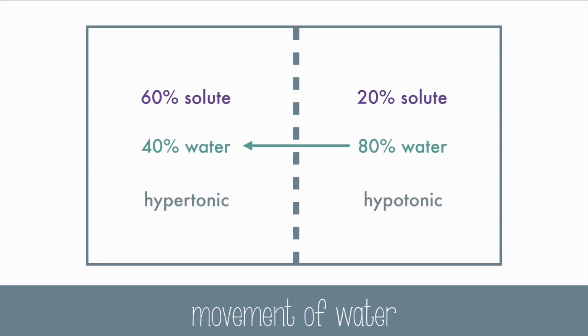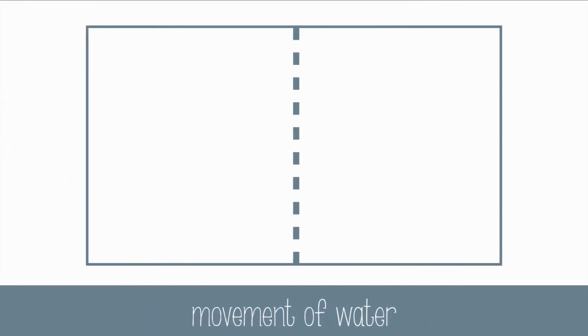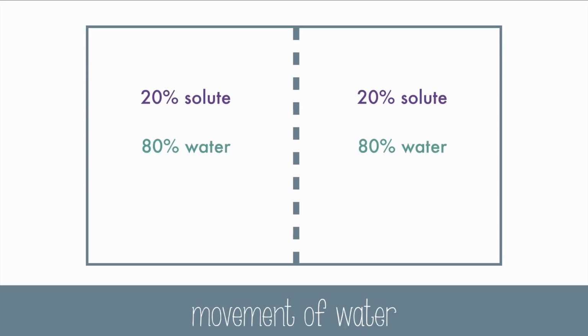Let's do one more. Now we have 20% solute and 20% solute. Find out how much water there is by subtracting from 100, so we get 80 and 80 on both sides. It's equal. But just because it's equal doesn't mean there's no movement of water. In this case, water actually moves back and forth in equal amounts, keeping both sides isotonic.